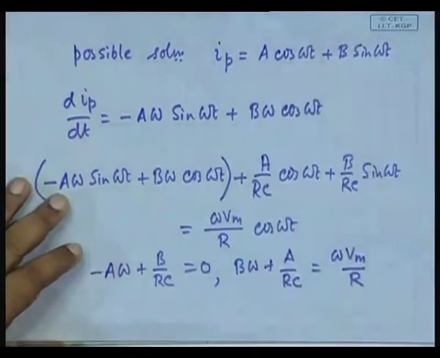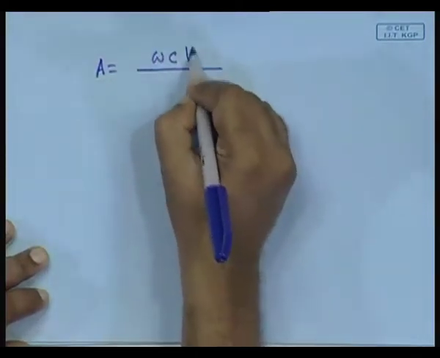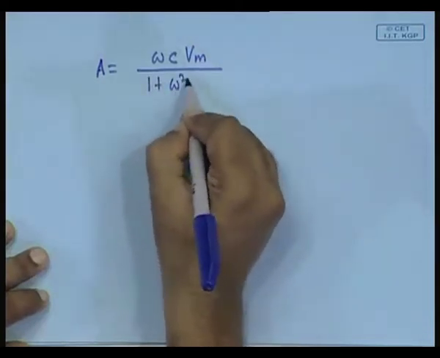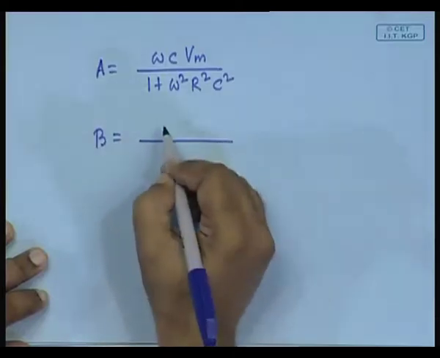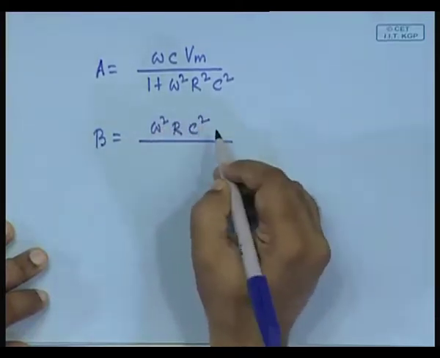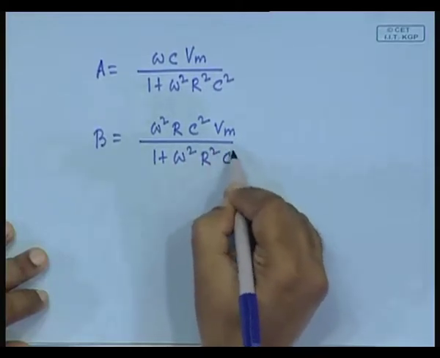So, from here just obtain the values of A and B. They will turn out to be, just check, A is equal to omega c V m by 1 plus omega square R square c square, and B is equal to omega square R c square V m by 1 plus omega square R square c square.